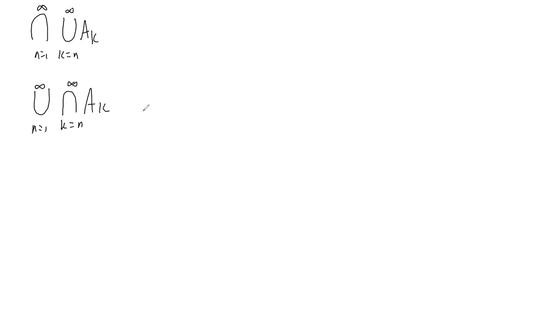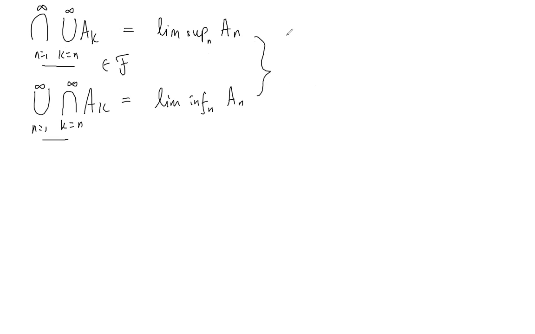So both sets are in the sigma field, and therefore these sets can be assigned a probability. This set actually has a name. This set is called the lim sup of An, and this is called the lim inf of An. The lim sup of An is defined as this set, and the lim inf of An is defined as this set. Since these two sets are in the sigma field, we can ask about their probabilities.